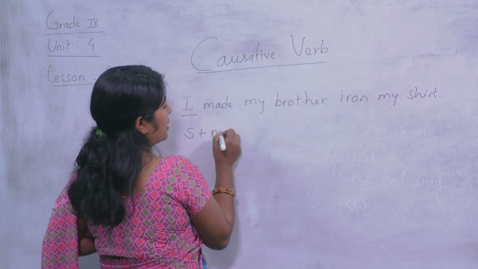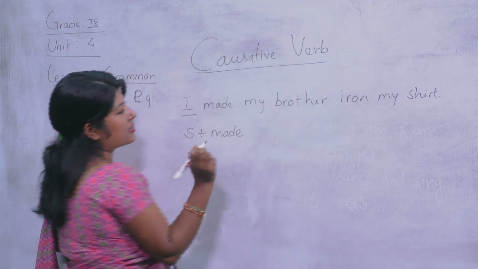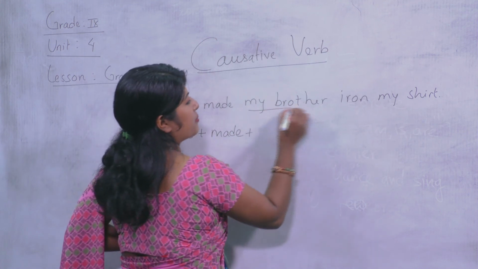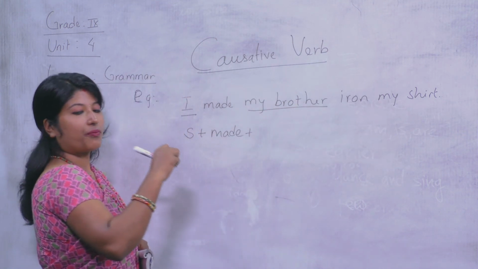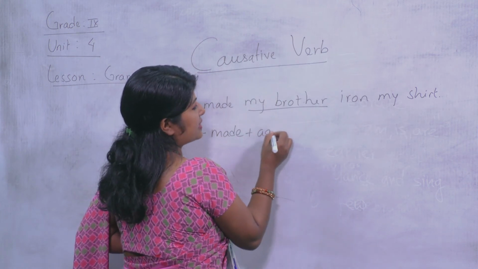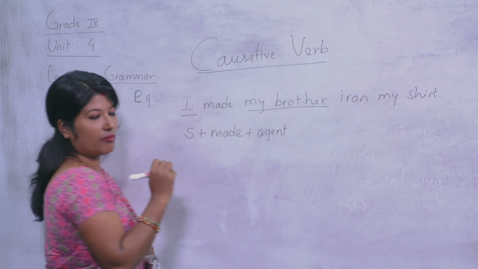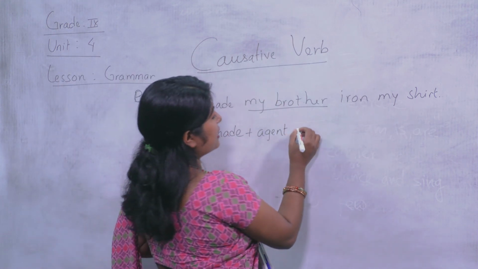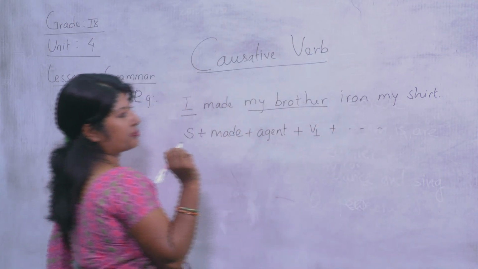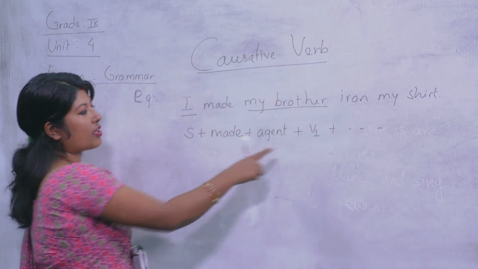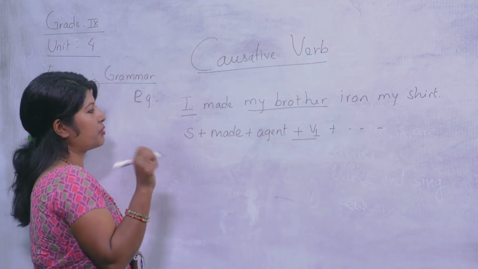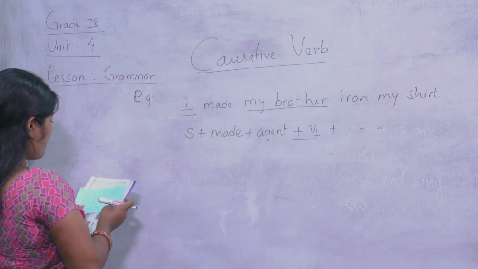Causative verb made. So made, make, makes, you can use that. And then my brother. What is my brother over here? Is it the object? No. It is the doer, right? So at that time, verb 1 and object at last. There is no use of "to" before verb 1. One more structure.